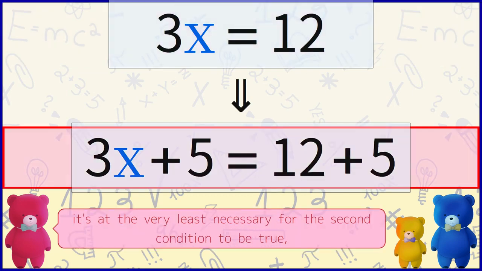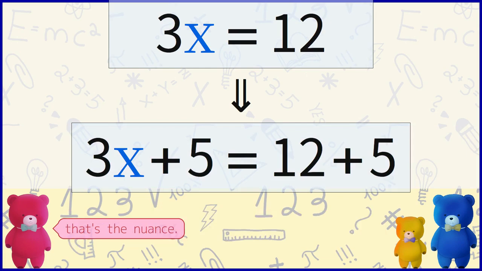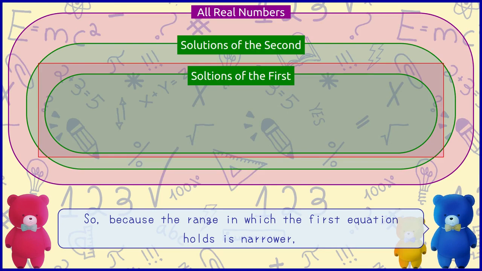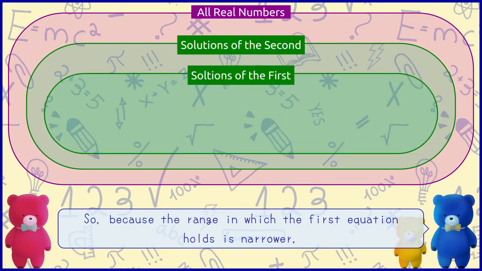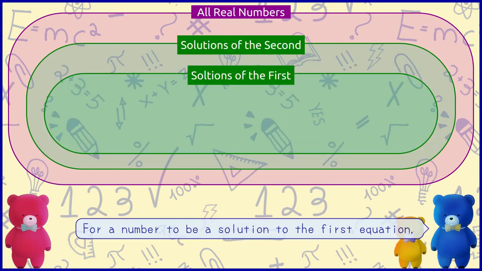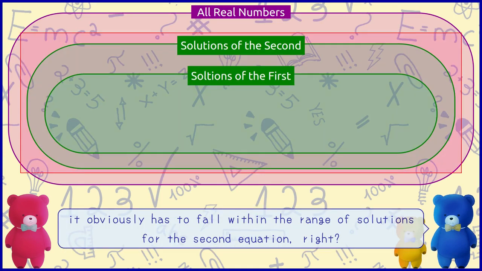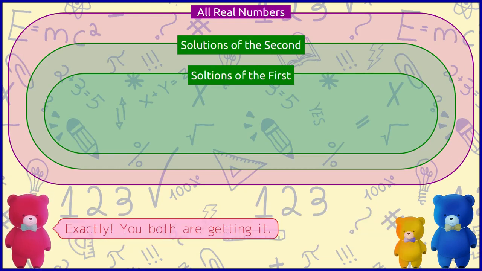It's at the very least necessary for the second condition to be true. That's the nuance. So, because the range in which the first equation holds is narrower, for a number to be a solution to the first equation, it obviously has to fall within the range of solutions for the second equation, right? Exactly. You both are getting it.